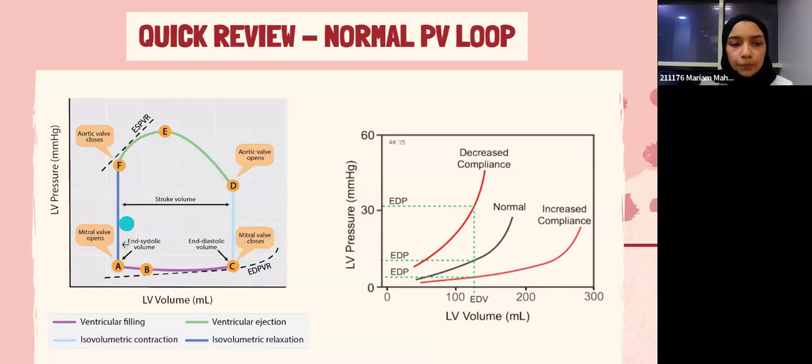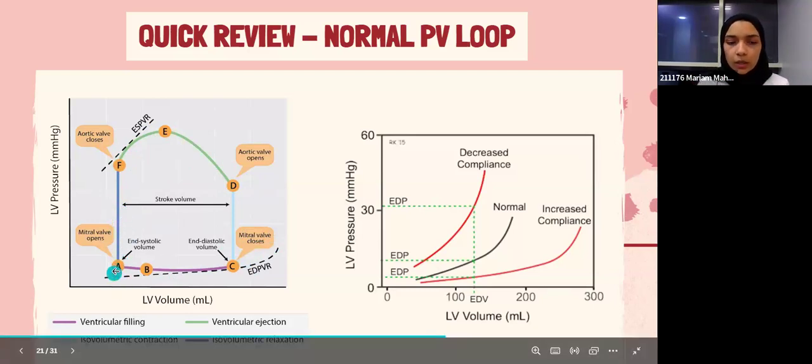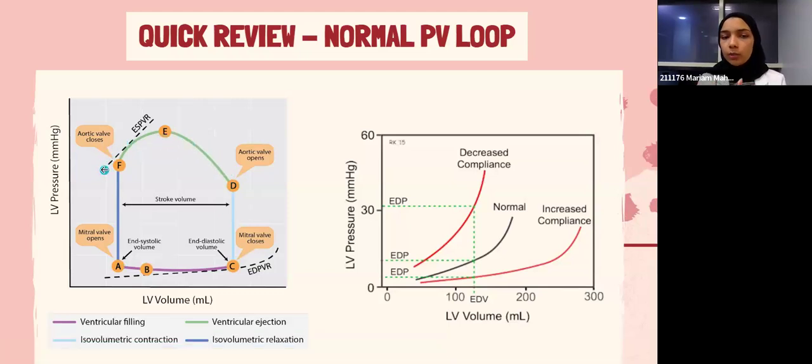And then here you have the end systolic volume, because this is when the contraction ends. Not all the blood comes out of the ventricle. So this is the end systolic volume, the blood that's left in the heart after systole.